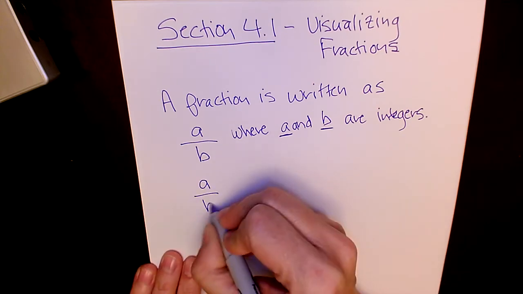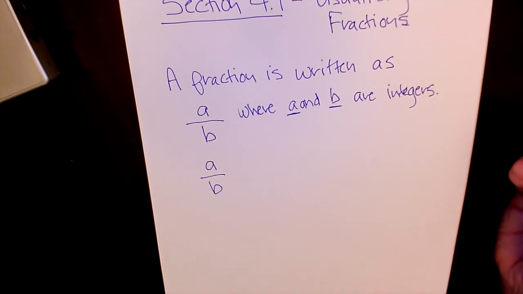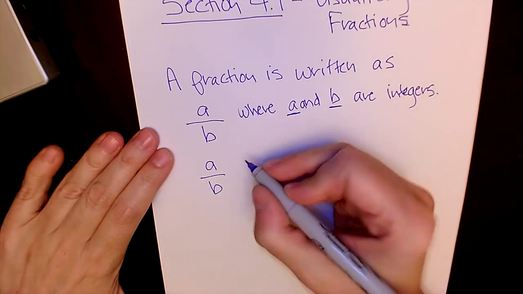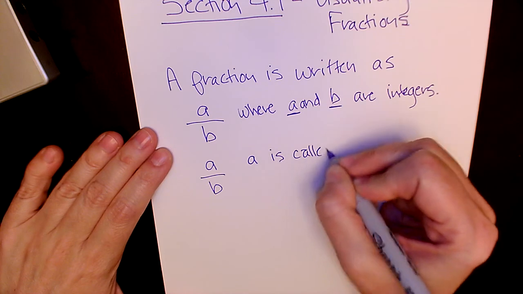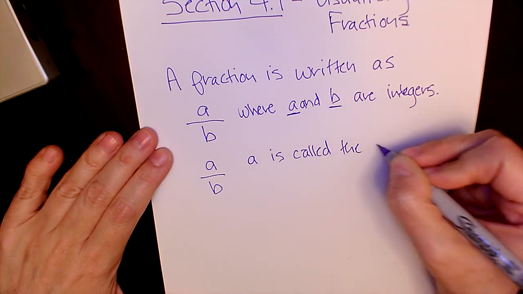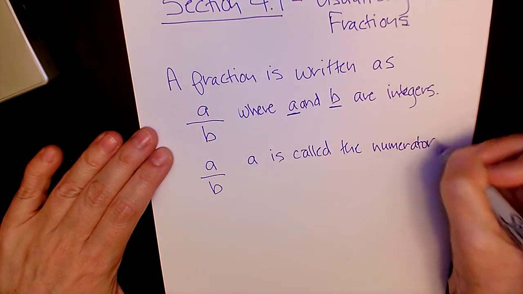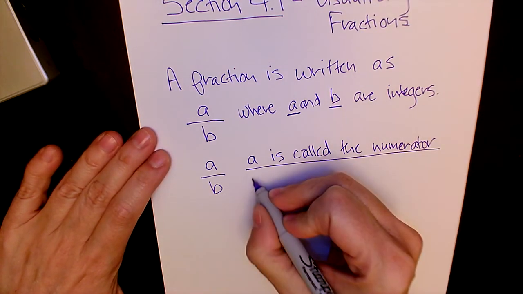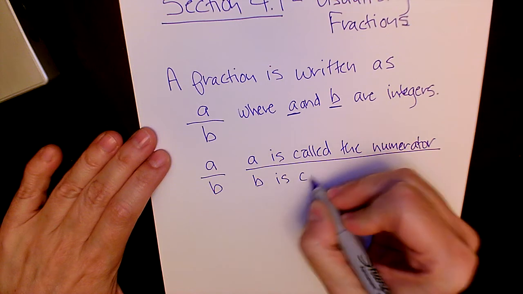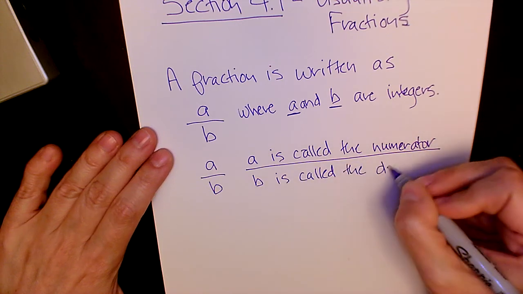Do we know in math what we call a and b? A is called the numerator. And b is called the denominator.